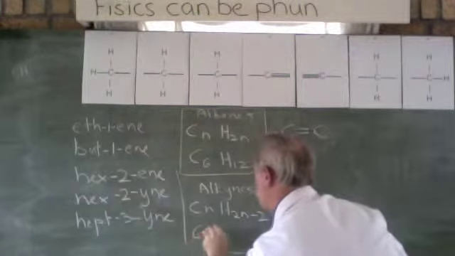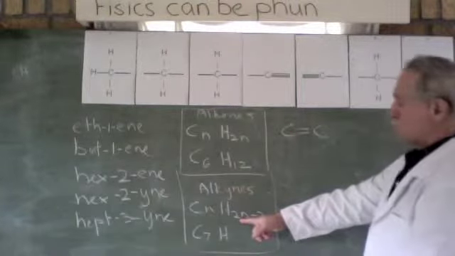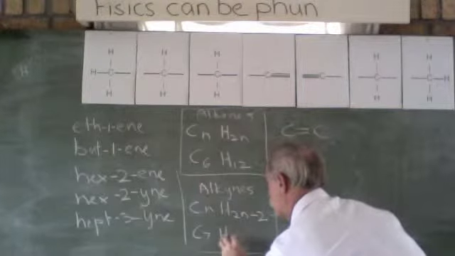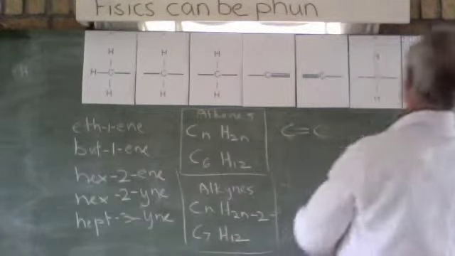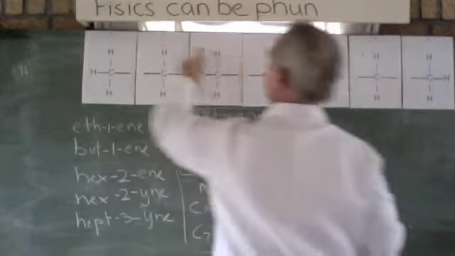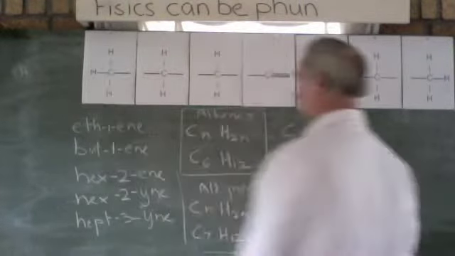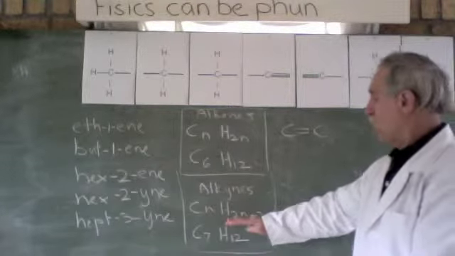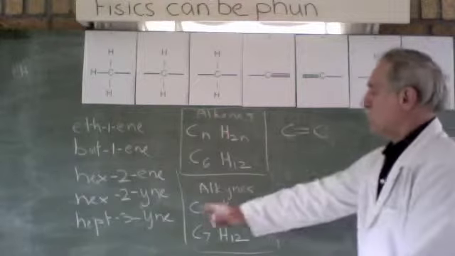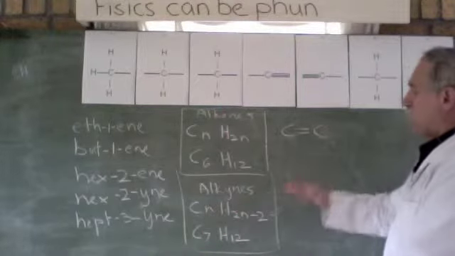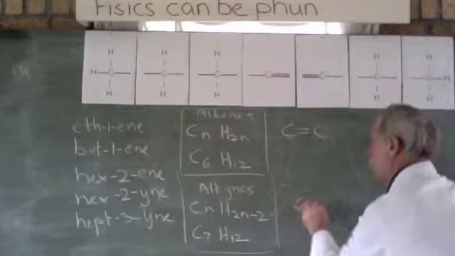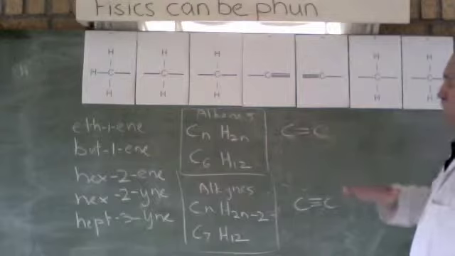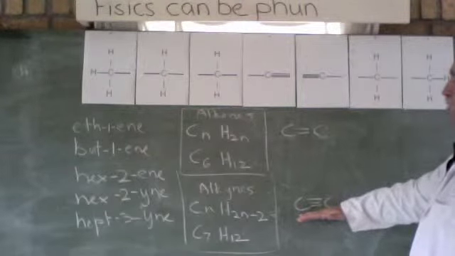We're going to have C7H, 2 sevens are 14, minus 2 is going to be H12. Let's see if that's correct. 3, 4, 5, 6, 7, 8, 9, 10, 11, 12 hydrogens. So that gives us the formula for calculating the number of carbons and hydrogens. And the functional group for an alkyne is the C triple bond C. That's the functional group for the alkenes. That's the functional group for the alkynes.